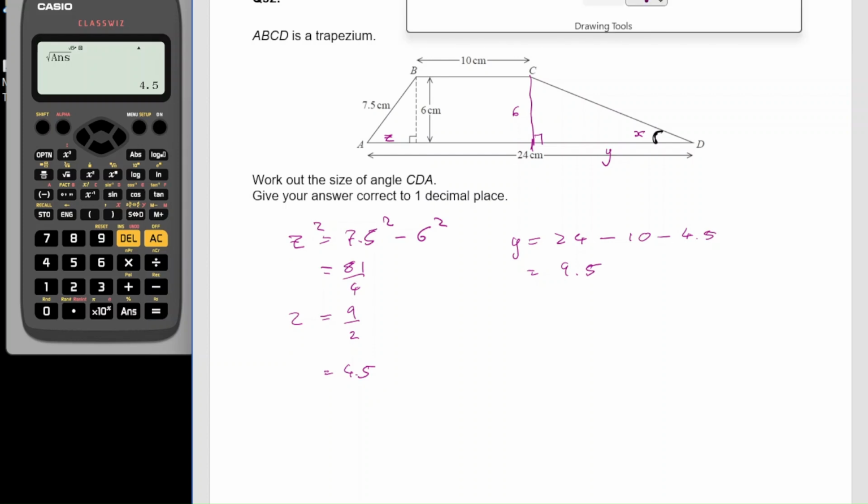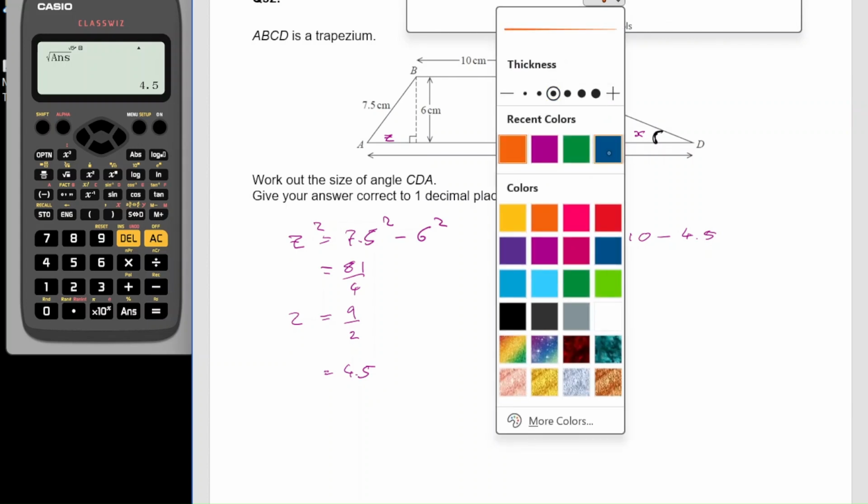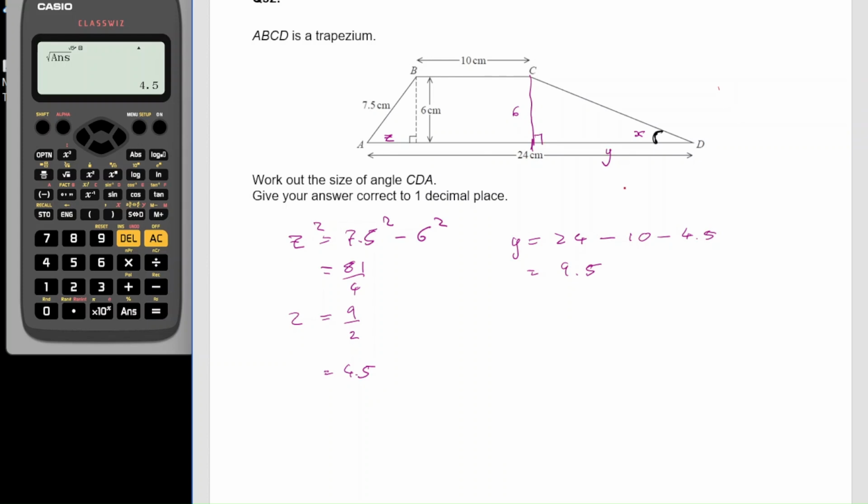So based on that, this is the opposite and this is the adjacent, so we're using the tan ratio. So TOA. So the angle X is going to be equal to tan to the minus 1 of the opposite, 6 over 9.5.